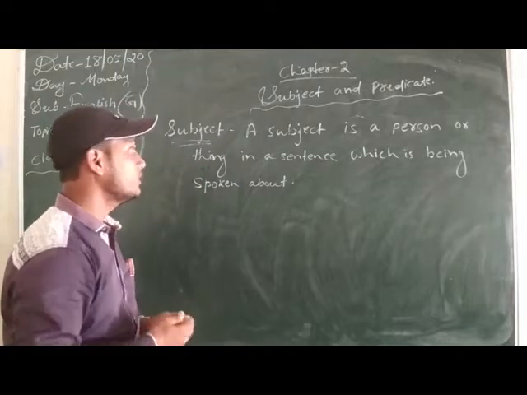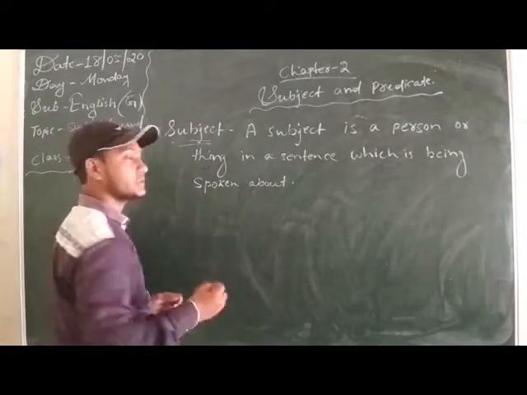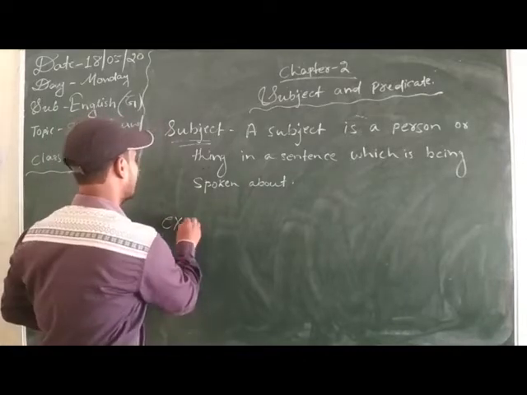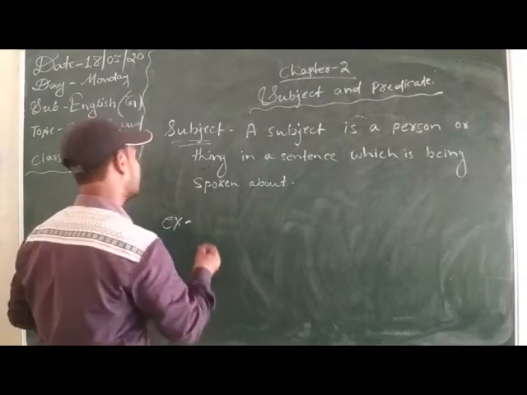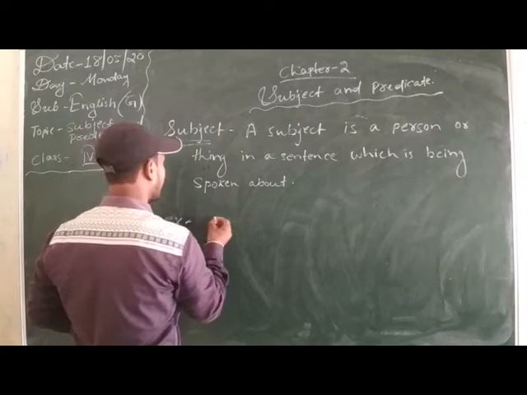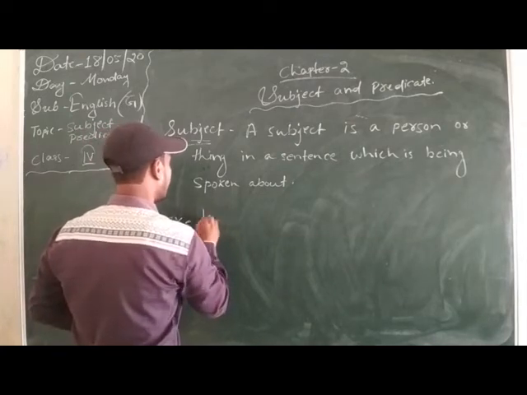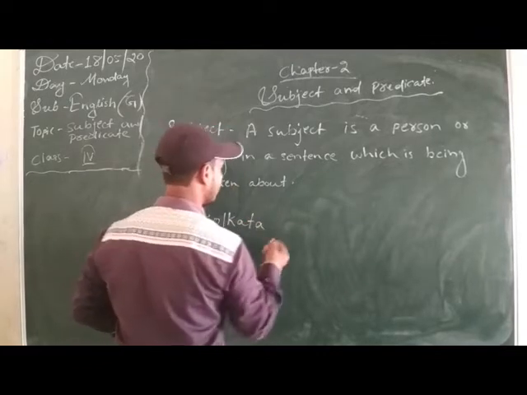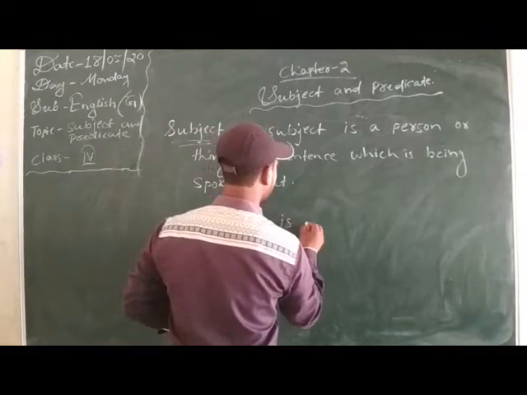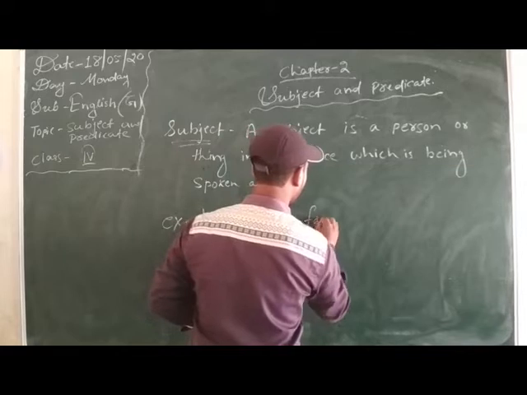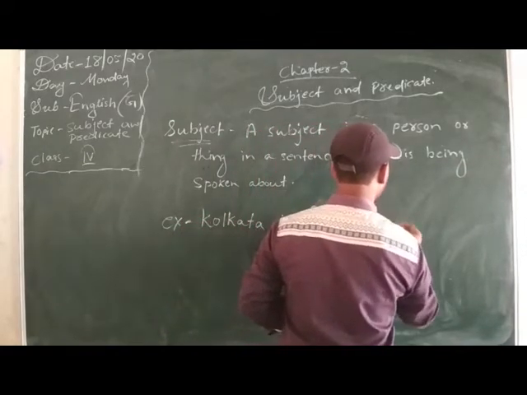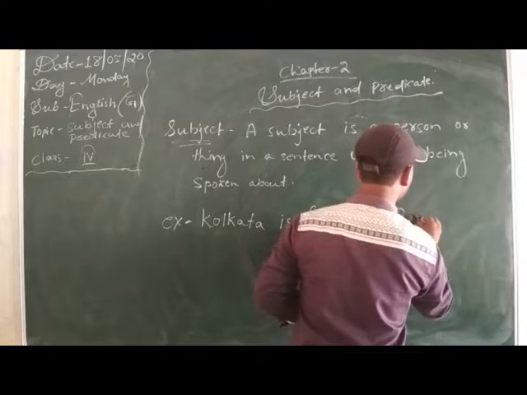Okay, so let's take an example. Kolkata is famous for Rasagulla.